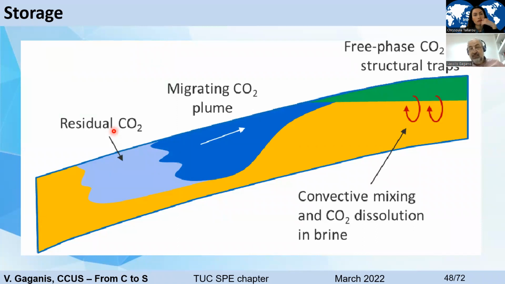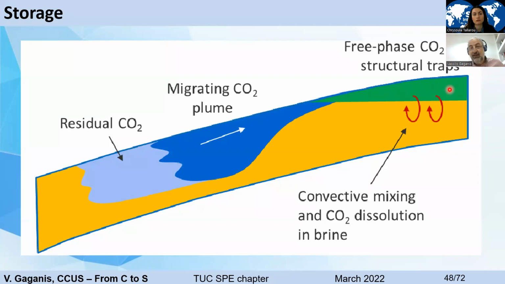A third option is the following, which is, I would say, even more interesting. Suppose that the CO2 has climbed to this position and is trapped structurally or stratigraphically. Now, what's going to happen? Is it going to stay there forever? No. There might be hydraulic equilibrium, but there is no thermodynamic equilibrium.